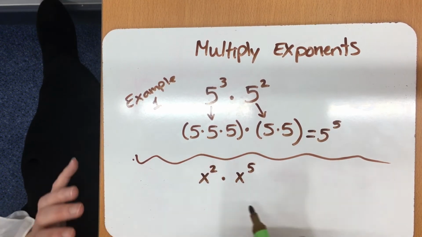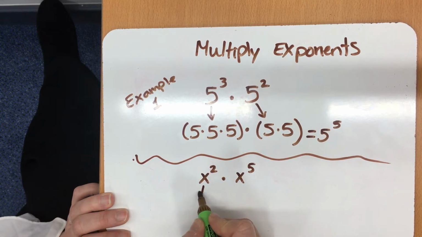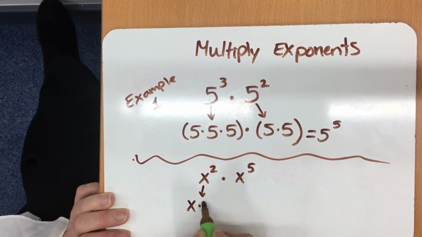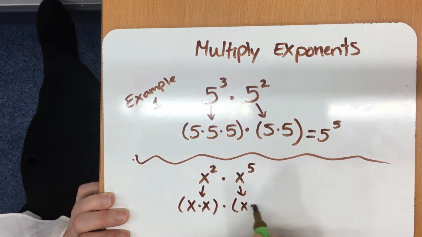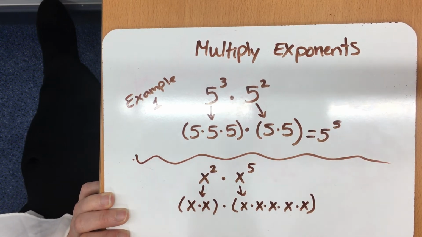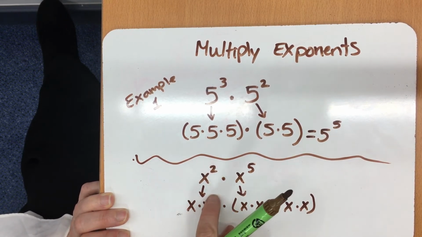I'm just going to get a simplified variable. So to do that, I'm going to write this all out in expanded form. And I'm going to write x squared, which I know is x times x. And I'm going to write x to the 5th, which I know is 5 x's, all multiplied by themselves. So because this is all multiplication, I actually don't need these parentheses here. I'm going to just get rid of them.